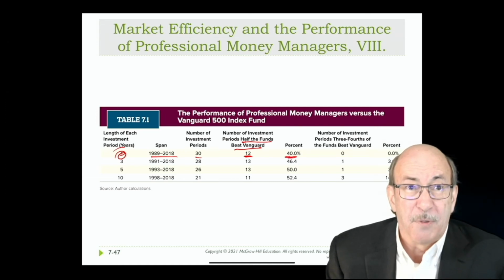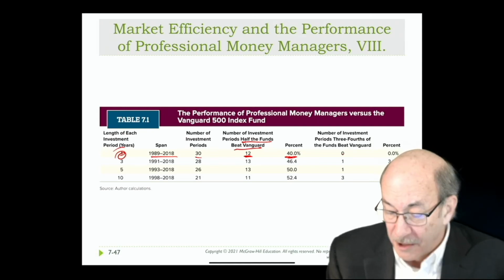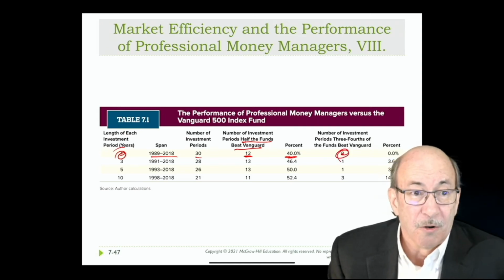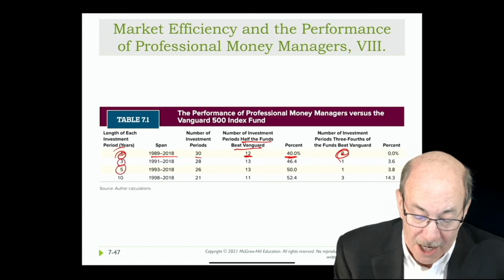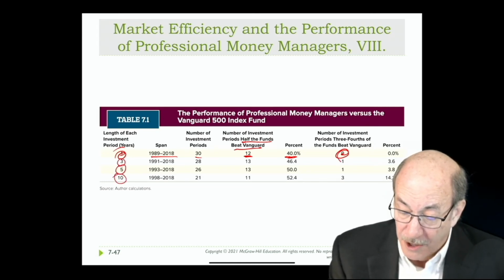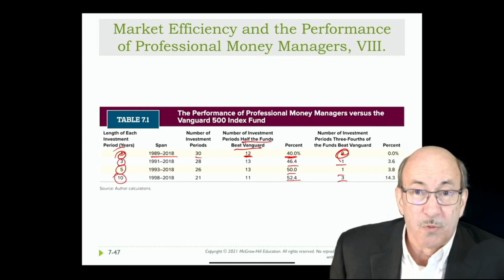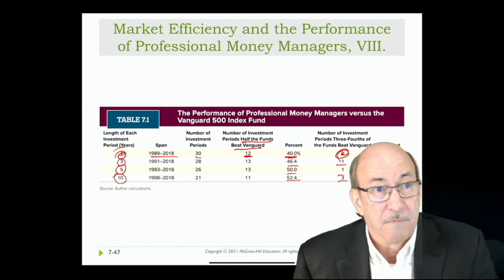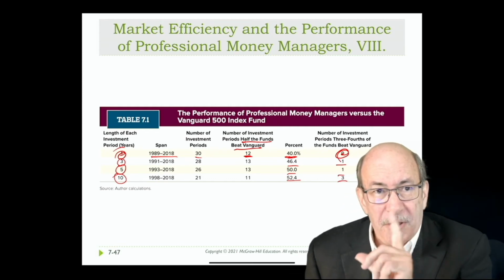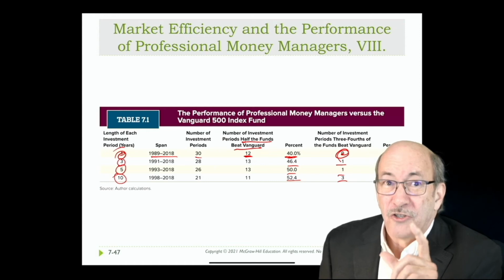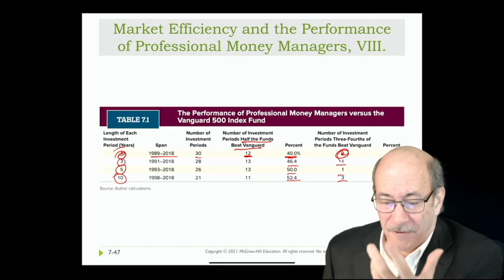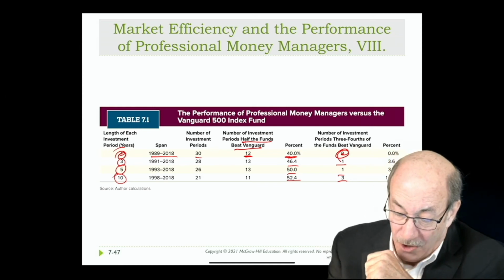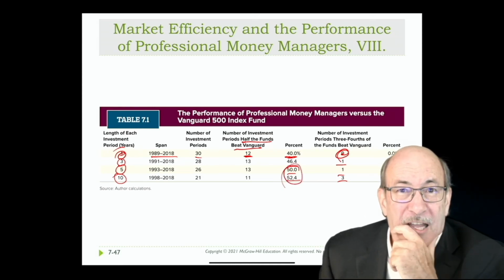Was there any period of time where 3/4 of them beat it? Nope. 0. Now, if we extend the window to 3 or 5 or 10 years, the numbers go up, and we have a few periods where 3/4 of them actually beat it. But again, remember, these are the managers that have survived and are supposedly the best of the best. Yet still, that looks pretty much like a coin flip to me.